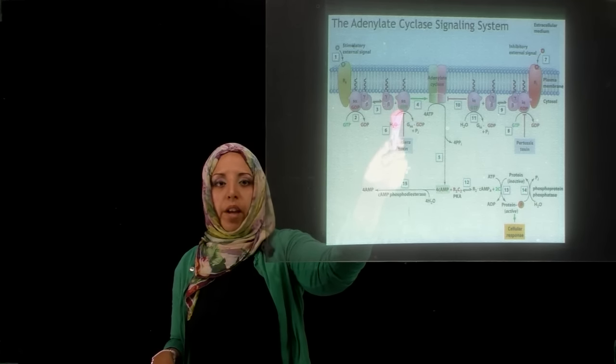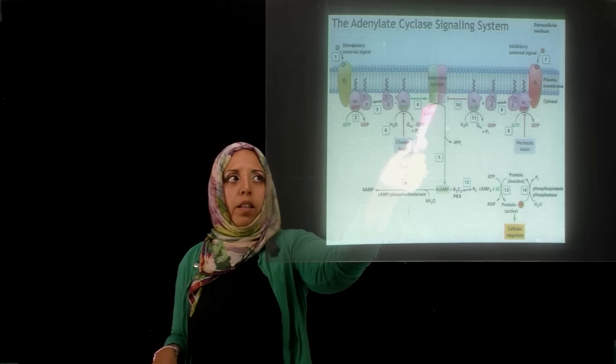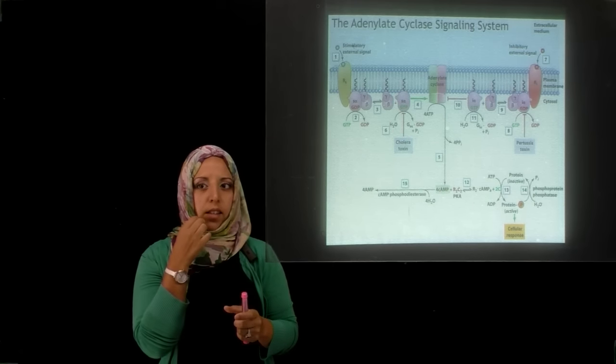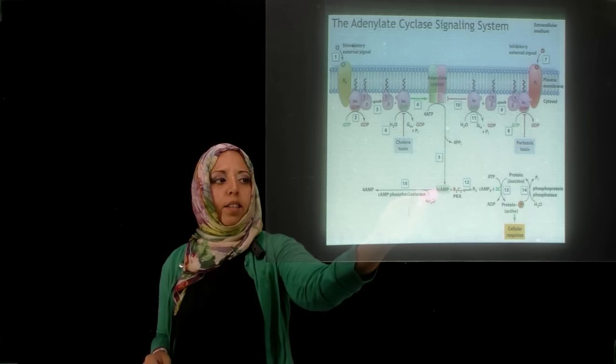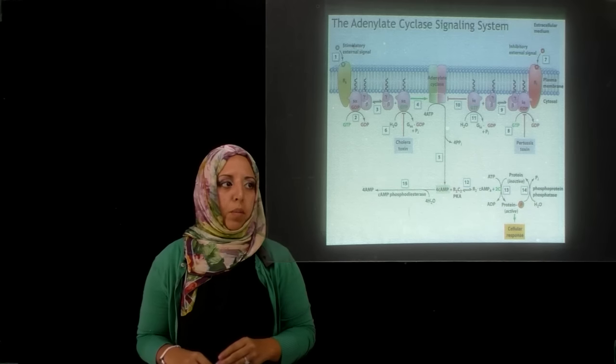All right, so once the alpha subunit of the heterotrimeric G protein is bound to adenylate cyclase, it will stimulate adenylate cyclase to synthesize cyclic AMP from its bound ATPs.